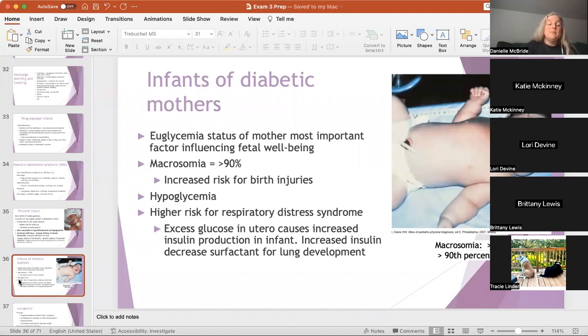So baby's body makes a ton of insulin because mom's body is giving that baby a ton of glucose. If this happens over time, the constant high level production of insulin decreases their surfactant. So babies born to diabetic moms with poor glycemic control can also have signs of respiratory distress.